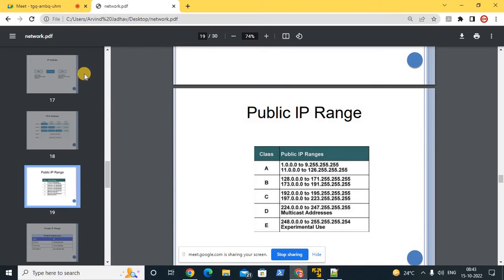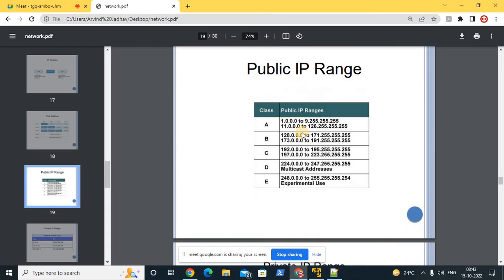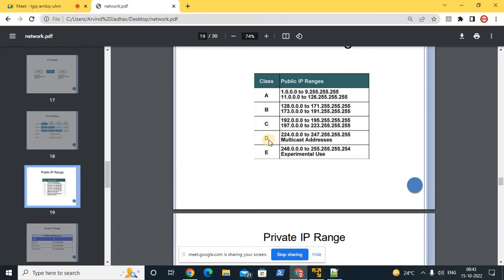So in that list, just focus on the class D IP and class E IP. Class D starts from 224 to 247, and 24 bits are available.